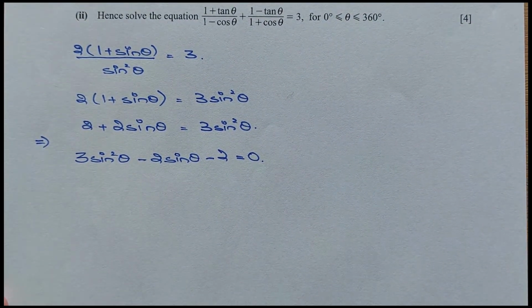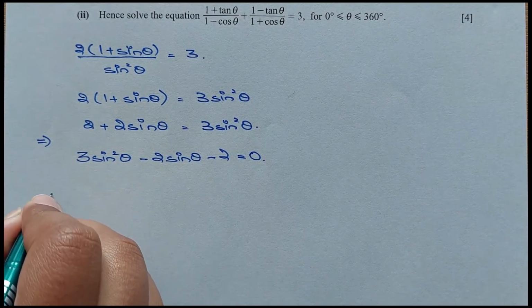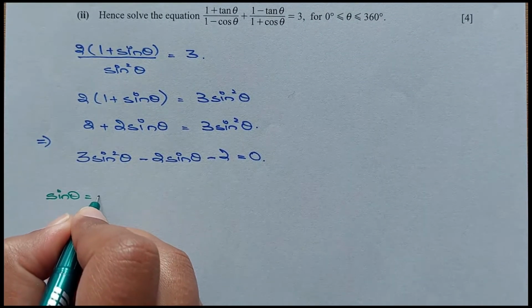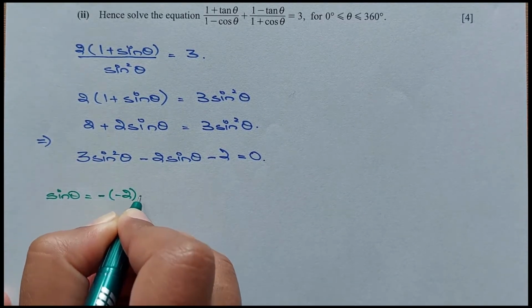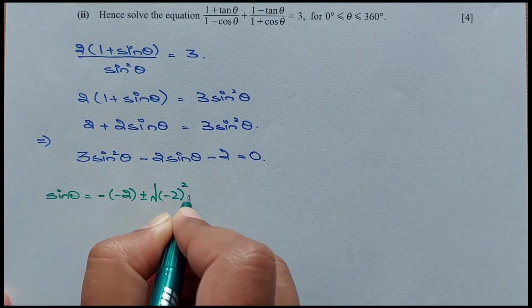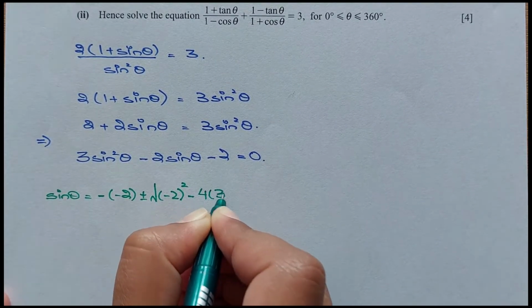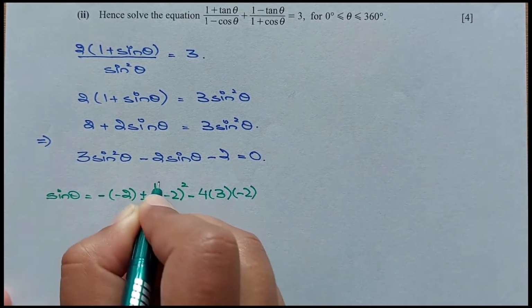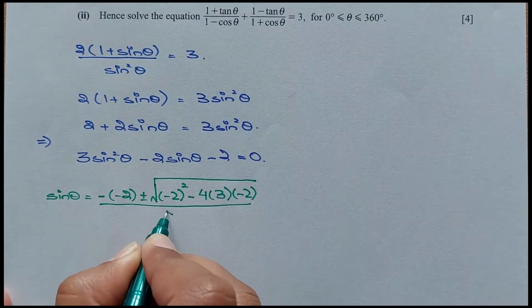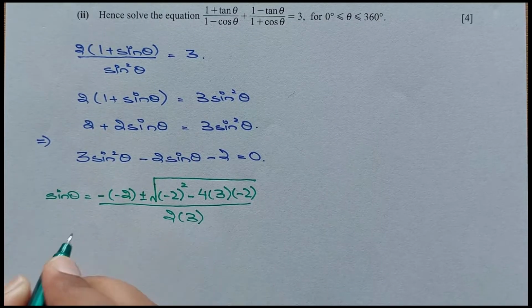So let me solve it by using the quadratic formula. So here we have a variable sine theta. We need to solve it as sine theta. So sine theta is equal to negative b, so negative of negative 2, plus minus square root of b square, negative 2 square, minus 4 times the a value times the c value, divided by 2 times the a value, right?